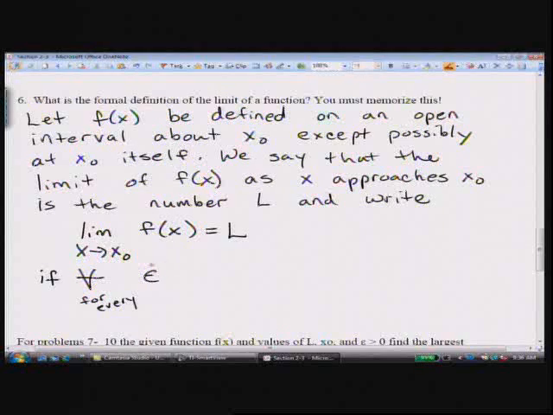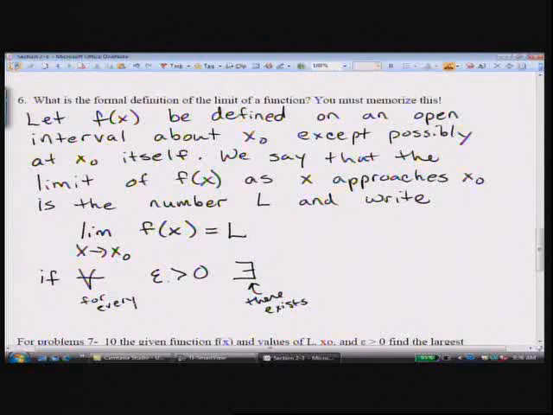It can be more cursive-y too. For every epsilon greater than 0, okay, in math you also say there exists a lot. So you use a backward E to keep yourself from having to write there exists and to look cool.